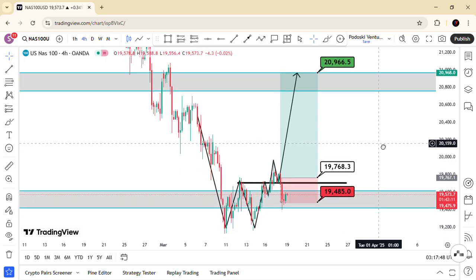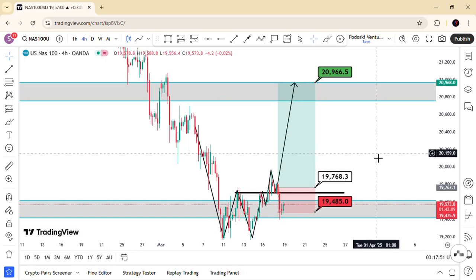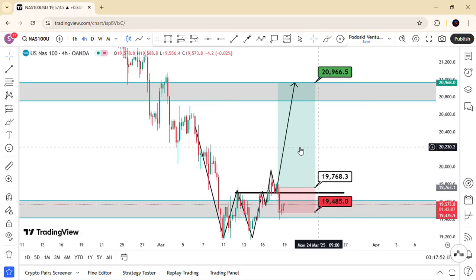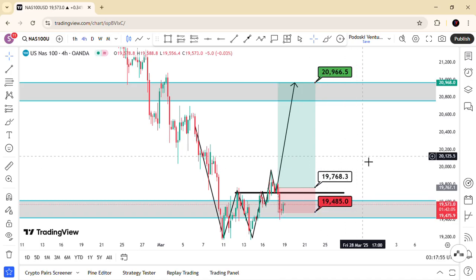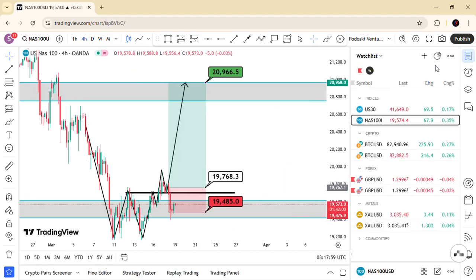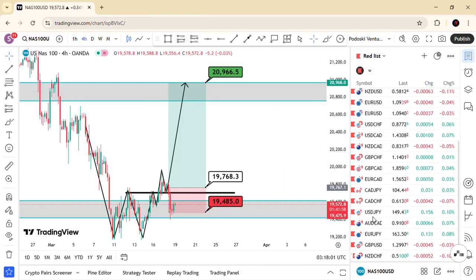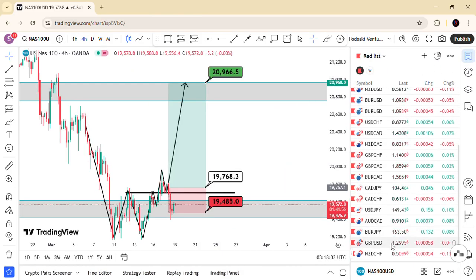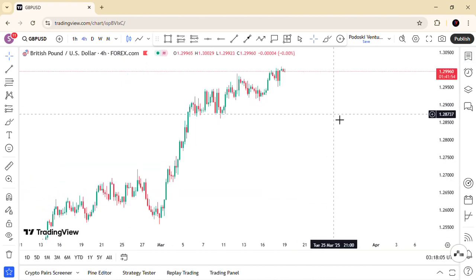If any of them plays out, I'm sure it will cover the loss we took on Last 100 yesterday. So let's just get right into it.